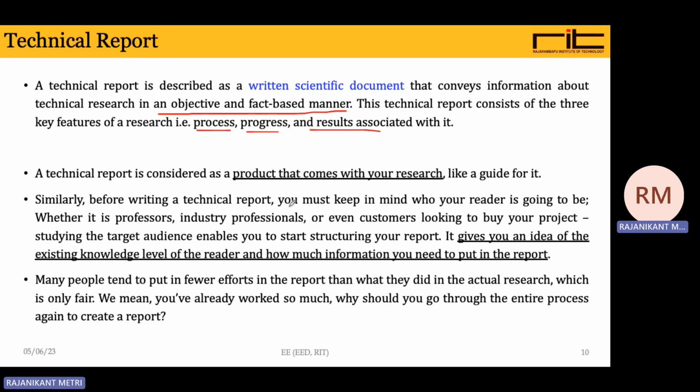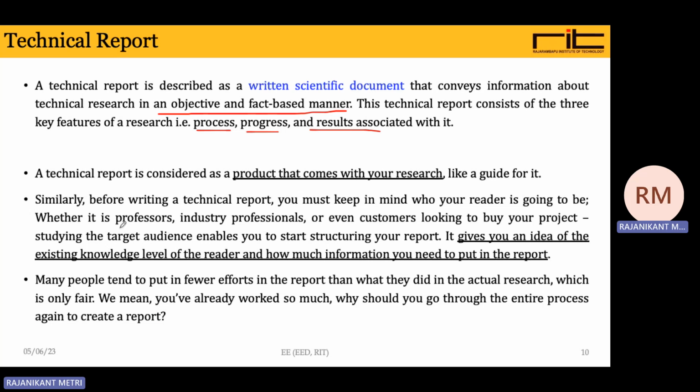Before writing the technical report, one must keep in mind who your reader is, whether it is professors, industry professionals, or customers looking to buy your project. Studying the target audience enables you to start structuring your report, because one cannot write the same kind of report for everyone.